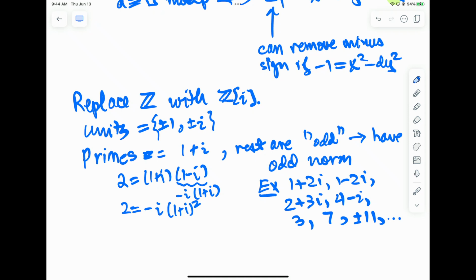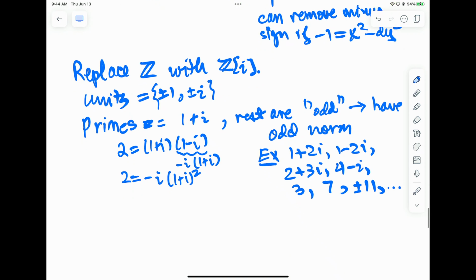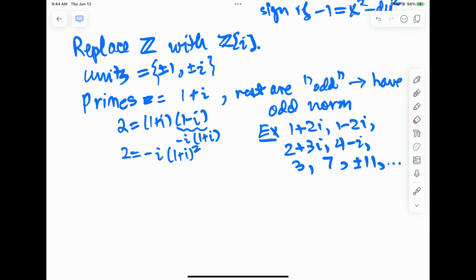And so let's introduce the Legendre symbol.